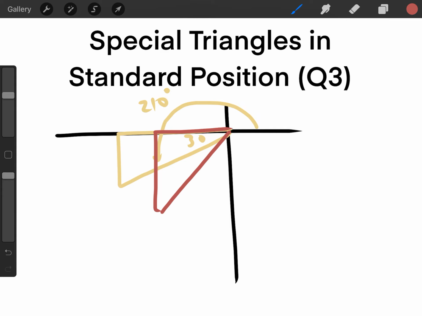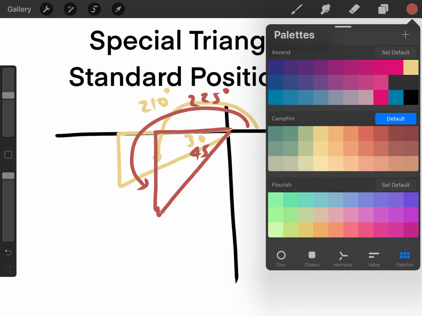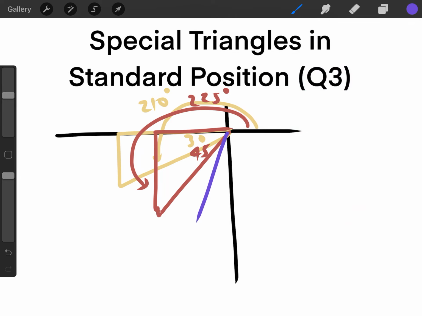Let's look at quadrant 3. I'll start with the 30-degree angle, the 30, 60, 90. This is 180 and then 30 more, so this is 210 degrees.